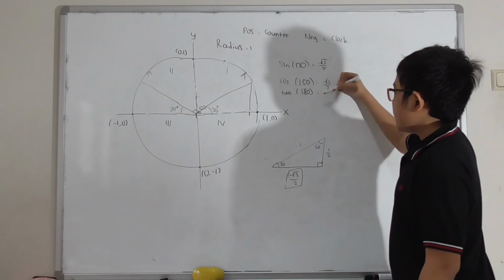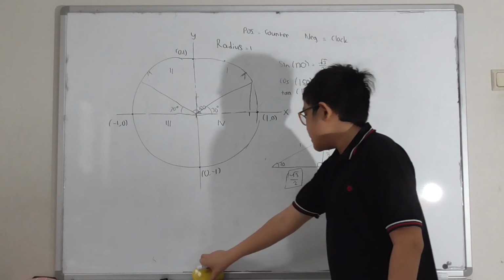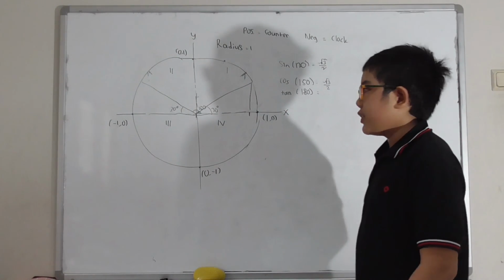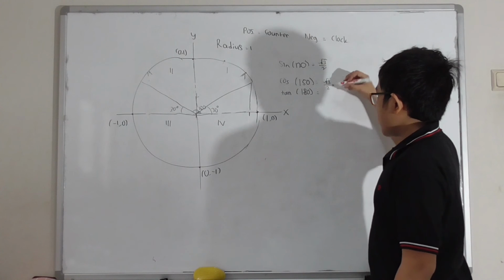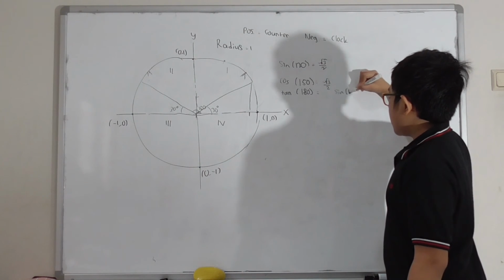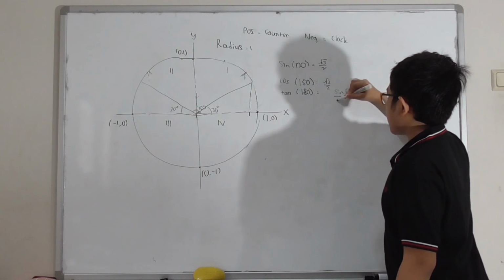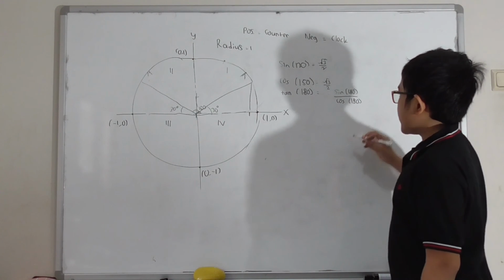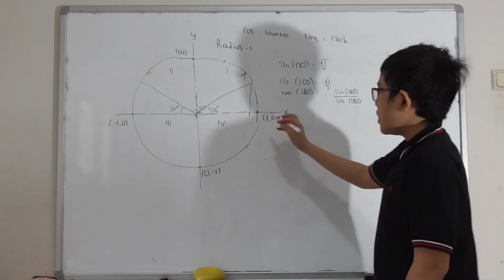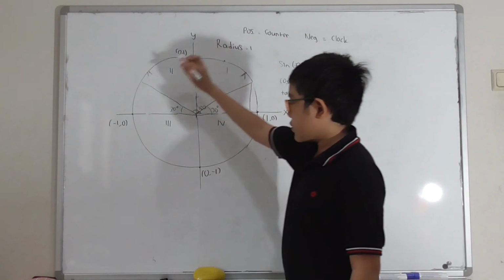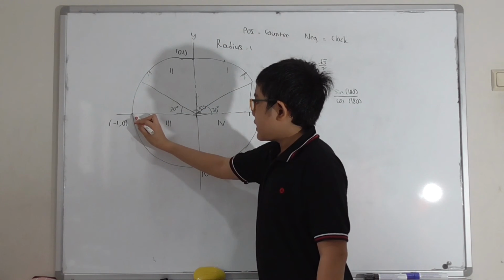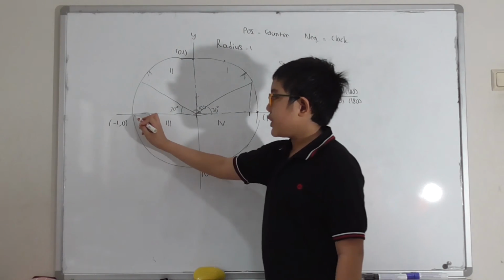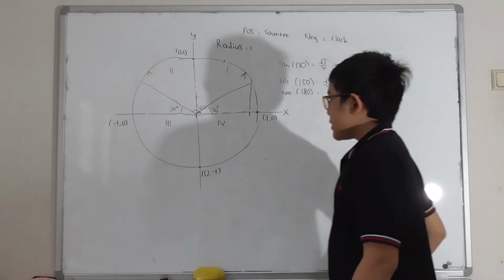And then, what about for tangent of 180? Well, we know that tangent is sine over cosine. So tangent of 180 is going to be sine of 180 over cosine of 180. And then, what is sine of 180? Well, we're going to go the full 180 degrees, and then it's going to be this point. Well, the y value is going to be 0, right?